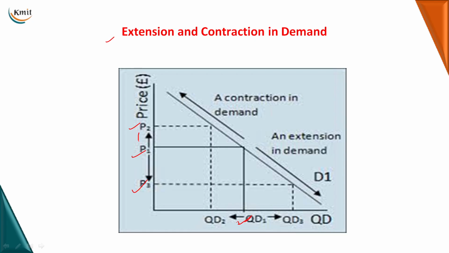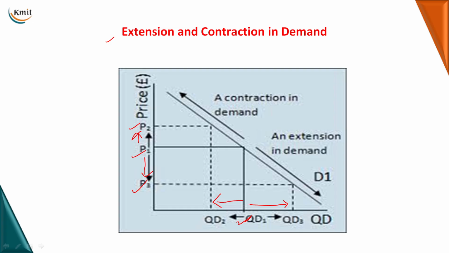When the price is increasing from P1 to P2, now there is a contraction in the demand happening here. So the new demand created will be QD2.